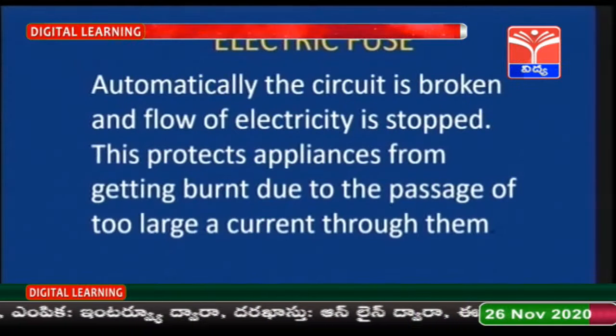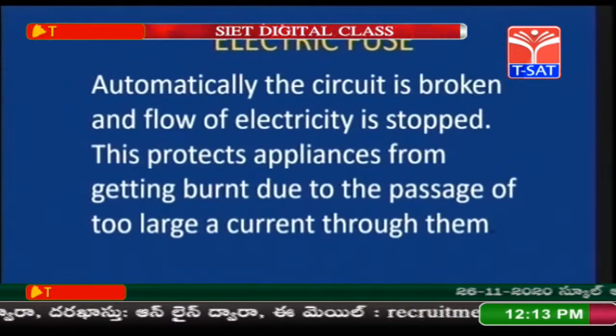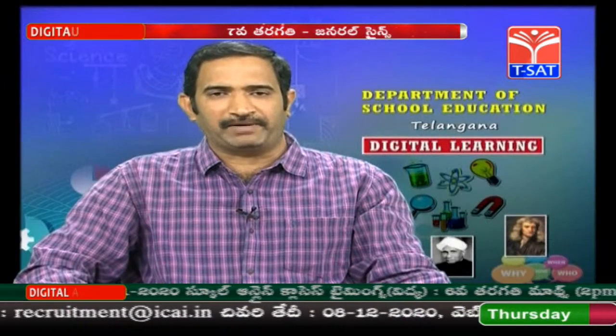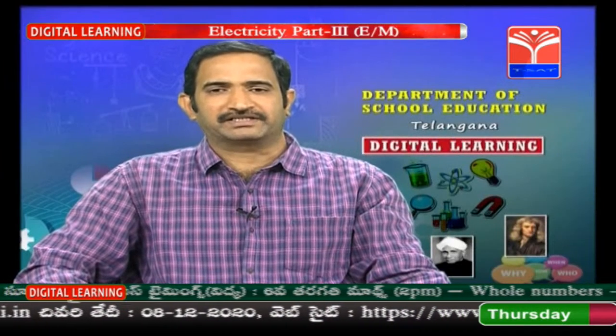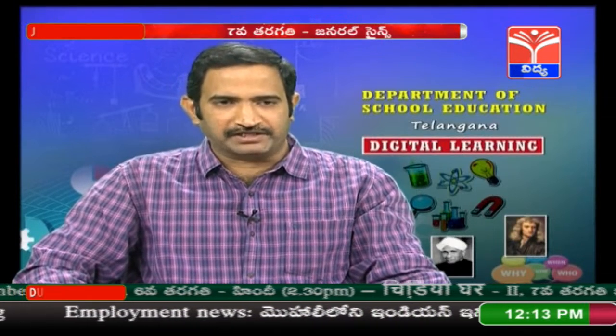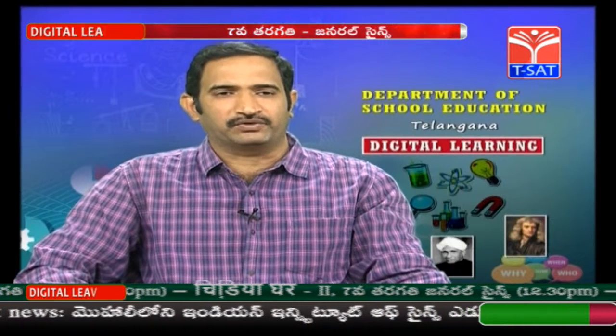Now it means whenever excess electricity passes through the circuit, automatically the fuse wire melts, thereby disconnecting the circuit. Our circuit will become incomplete. There won't be any passage of electricity through the circuit.